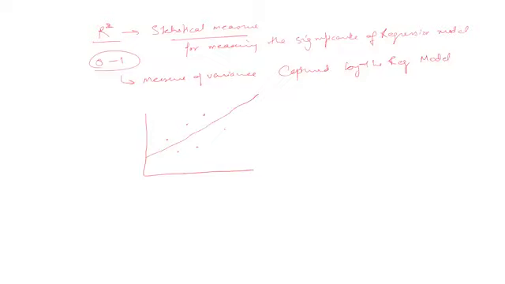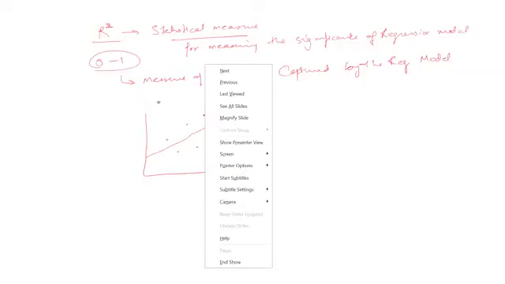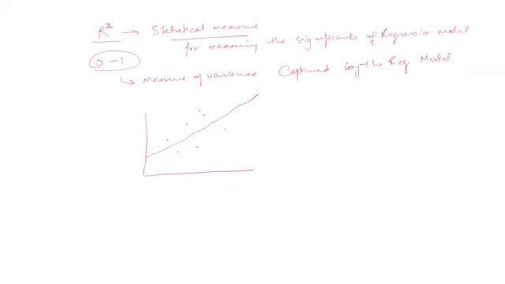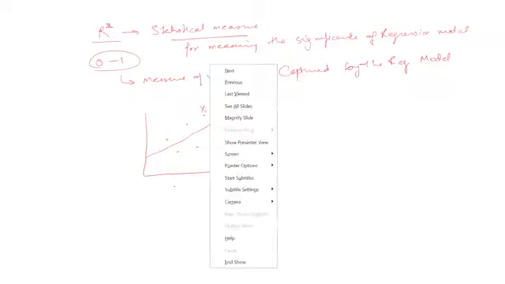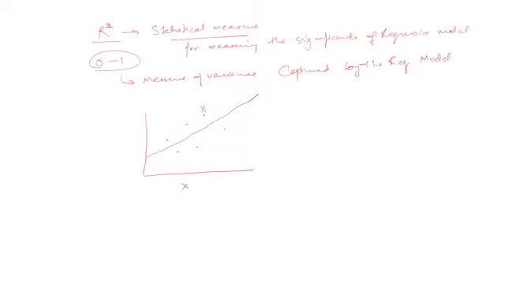Let me take only one single point to explain this whole concept. So let's suppose this is my yi. Okay, this is my actual, and this is my prediction. So how will you calculate the prediction? At this particular point of x1, this is my yi, which is my actual.